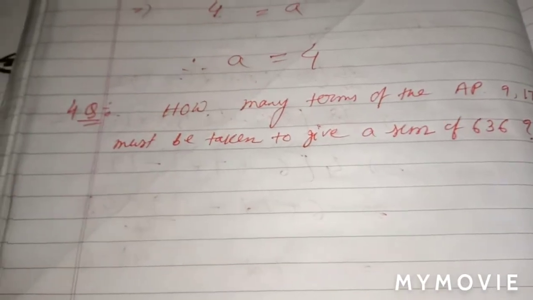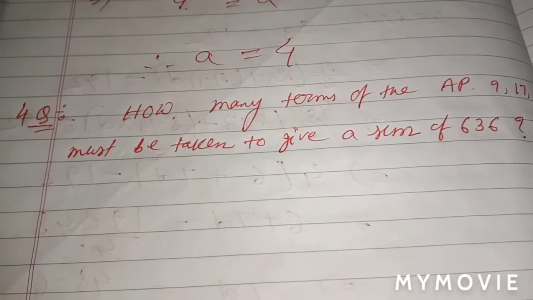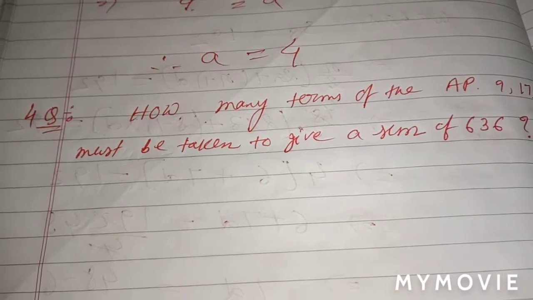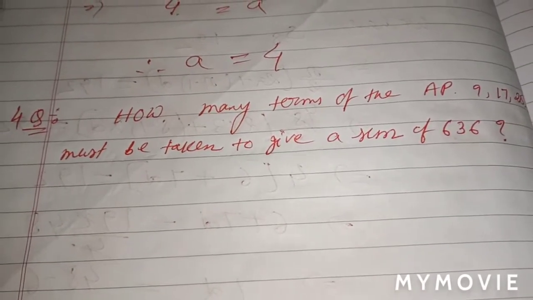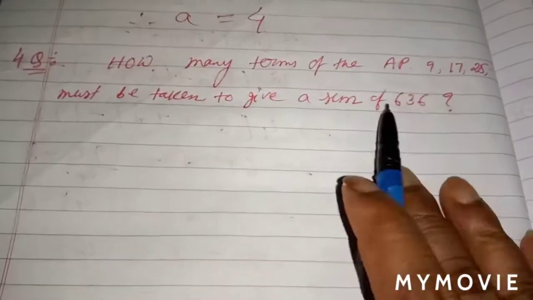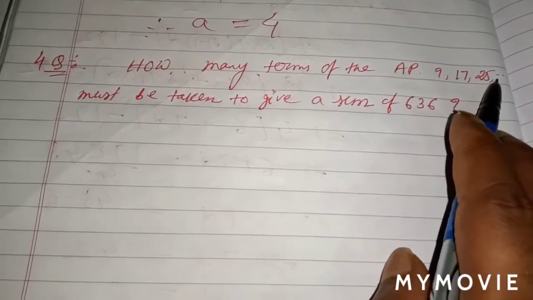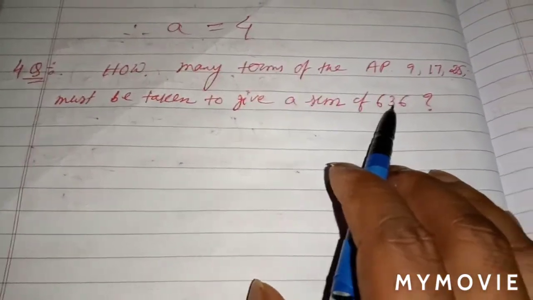Question number 4. Actually it is like question number 3 only, but you have to try to understand the question. How many terms of the AP 9, 17, 25, and so on must be taken to give a sum of 636?